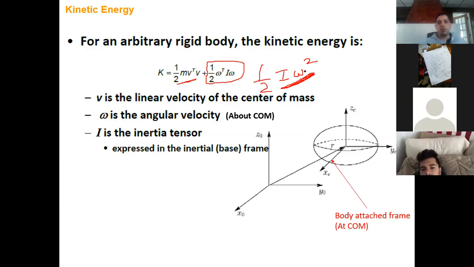So that formula is true there. But for any object, the formula for rotational kinetic energy is omega transpose I omega. So this is for an arbitrary rigid body, any rigid body.